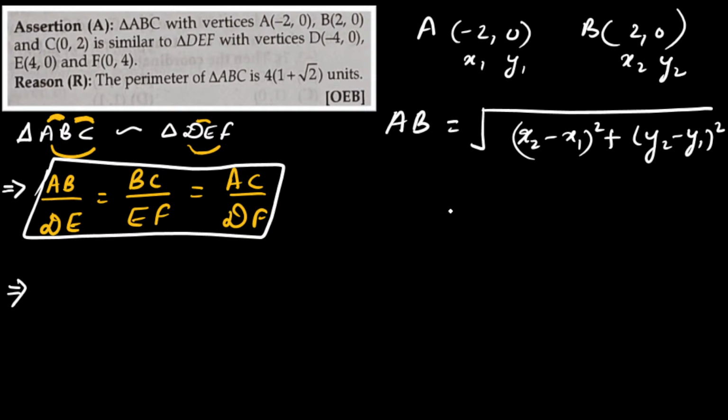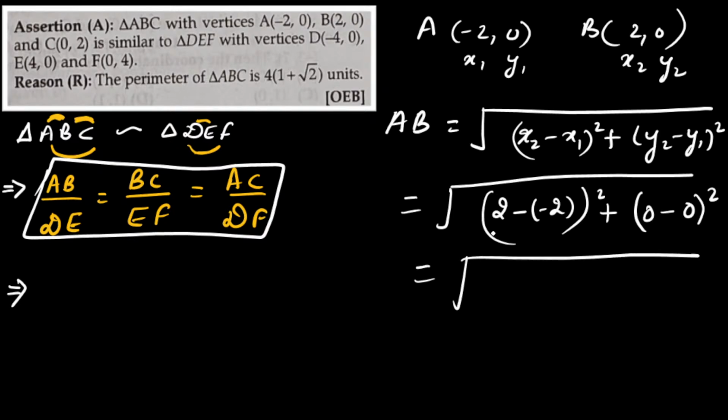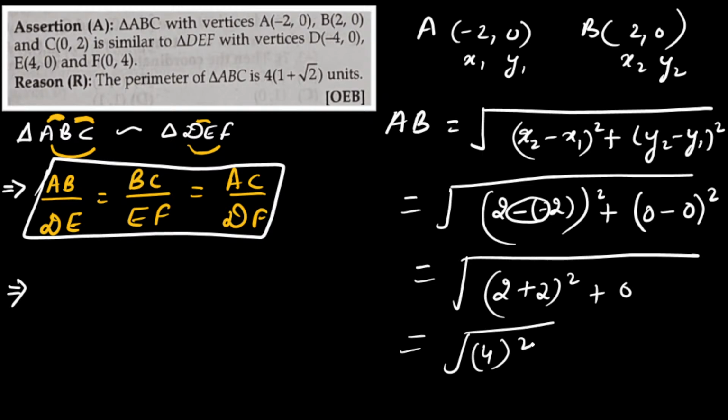For AB I am using the coordinates of A and B. So x2 is 2, x1 is -2, y2 is 0, y1 is also 0. So square root, two signs are together, so minus minus is plus: (2 plus 2) whole square plus 0. 2 plus 2 is 4, 4 square is 16, and the square root of 16 is 4.